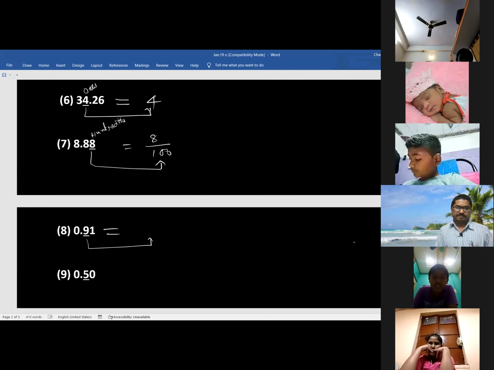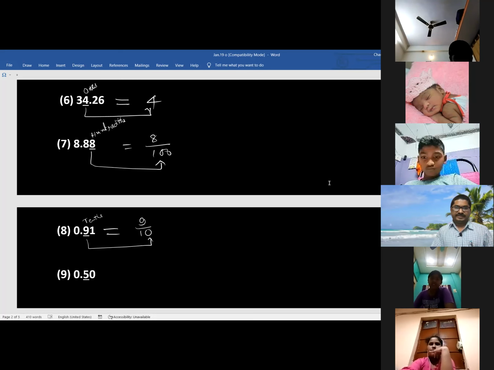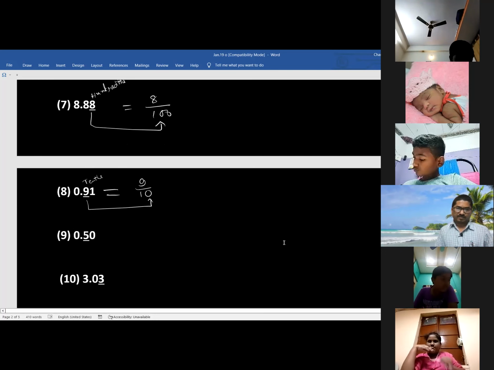Which place is this 9? The tenths place. Say this: 9 by 10. Yes, 9 by 10. Tell me this ninth one. Which place is this 5?